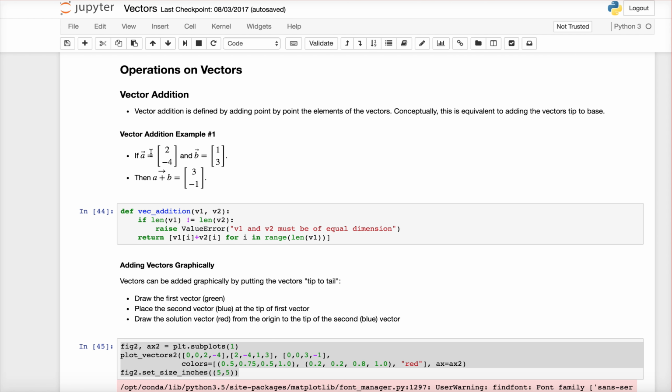So if I have a vector A with elements 2 and -4, and a vector B with elements 1 and 3, I add them element by element. So I'd have 2 plus 1 is 3, and -4 plus 3 is -1. And here's a function that is going to do that in Python.